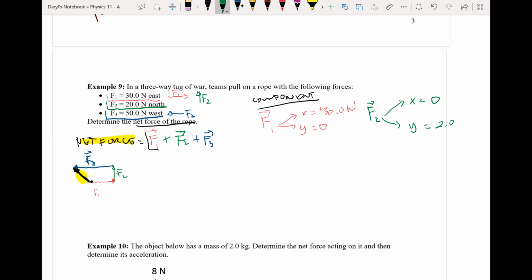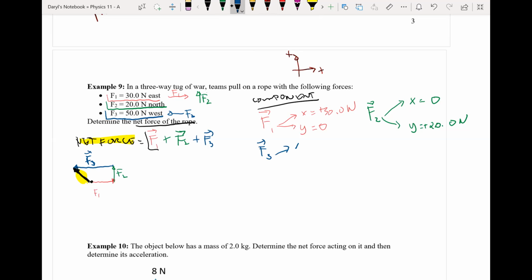Now this is 20.0 newtons. And again, this is positive because upward, again, we use the Cartesian coordinate system, that upward is positive and to the right is positive. And then you have F3.